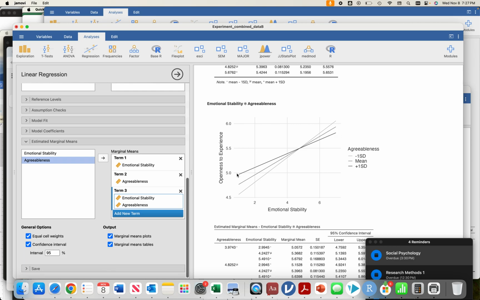For agreeable people, that's this dark line right here, plus 1 standard deviation, as emotional stability increases, openness to experience increases, but not as drastically as for disagreeable people. You can talk about the middle one if you want, but you don't have to. I'm just letting you see the nature of the interaction, right? Interactions are differences in slopes.